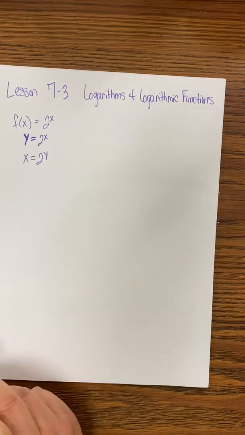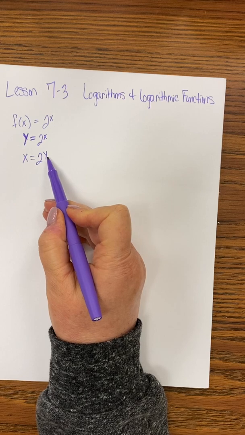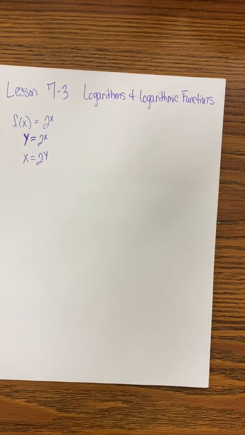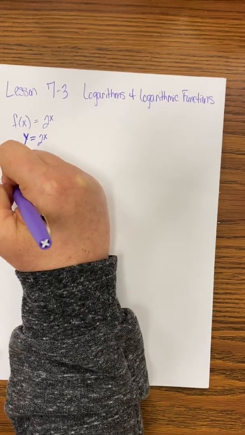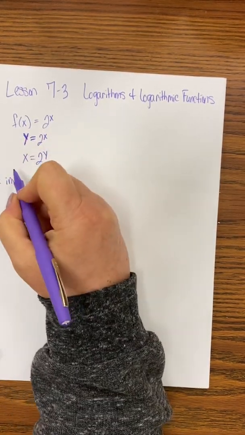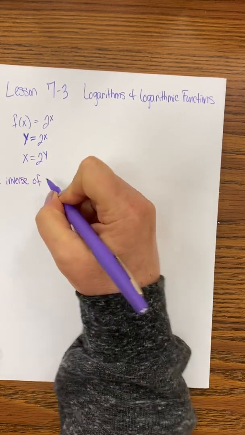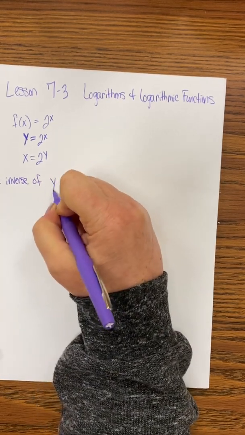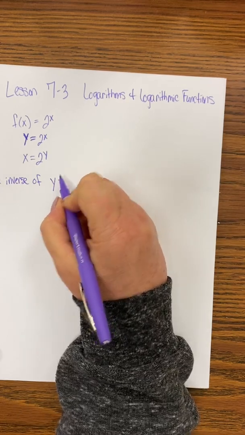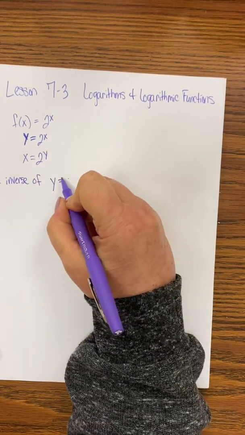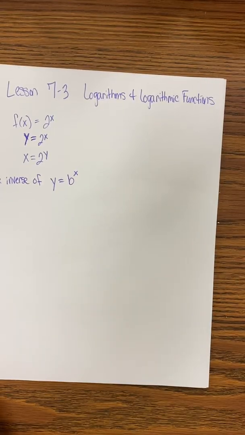So the original was y equals 2 to the x power, and I'm going to change that 2 to the letter we use for all numbers that could be there. Y equals b to the x. B now represents any base that could be there.